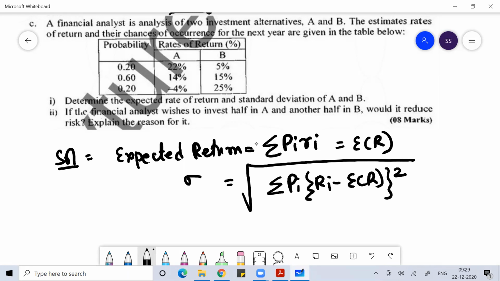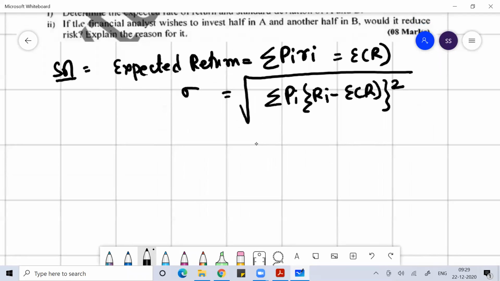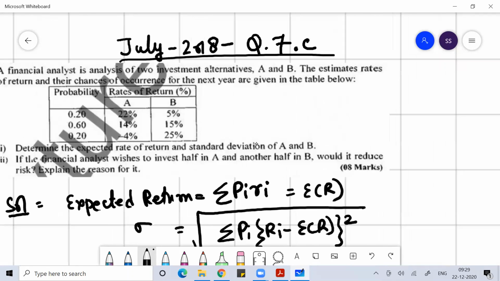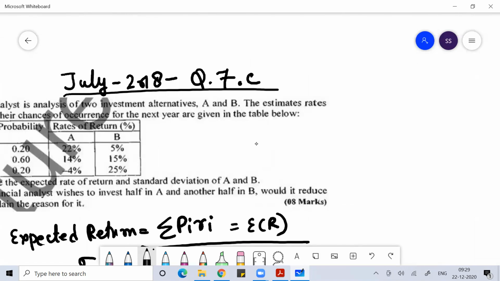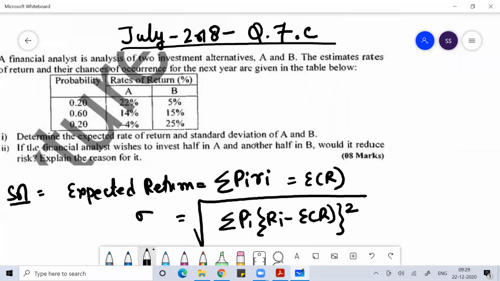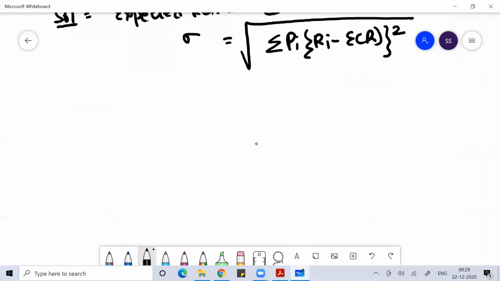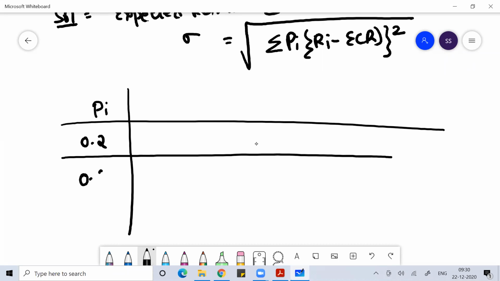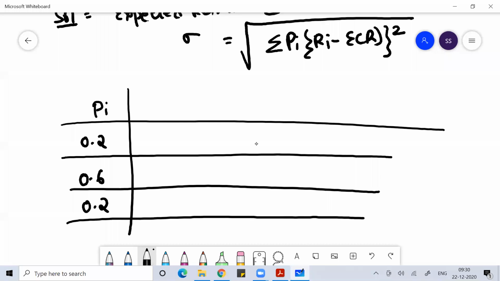Any question, anyone? Based on this, the probabilities are 0.2, 0.6, 0.2. The sum of total probability should be equal to 1.